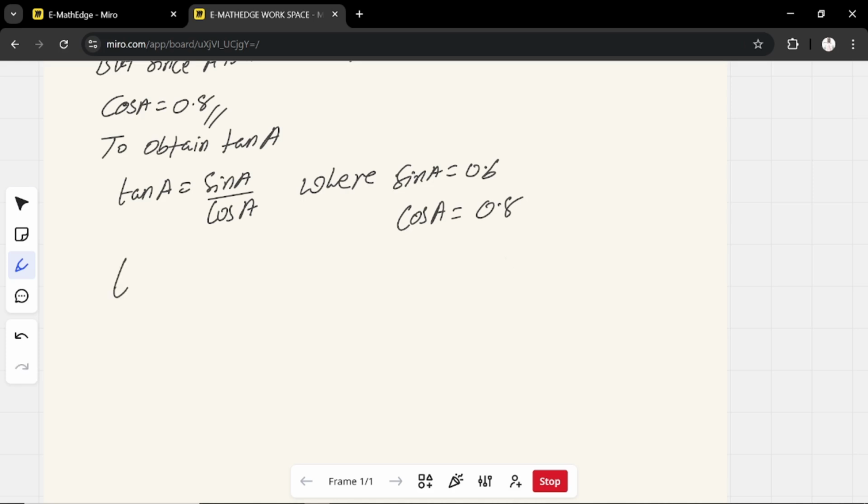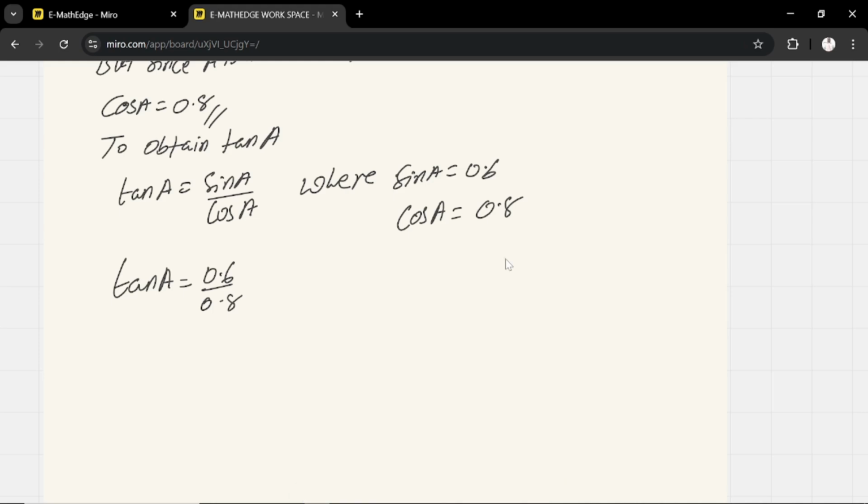We are going to have tan A equal to, now what is the value for sine A? 0.6, all over, what is the value of cos A? 0.8. So let's go ahead and divide 0.6 by 0.8. We are going to have it equal to 0.75.